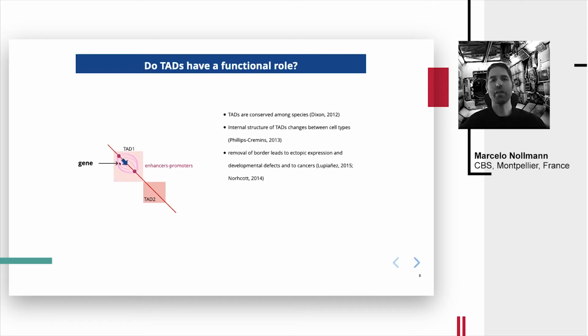In addition, if we look at how genes and regulatory elements of gene expression, such as enhancers and promoters, are organized in stats, we see that most of the time stats tend to encapsulate these elements, right?